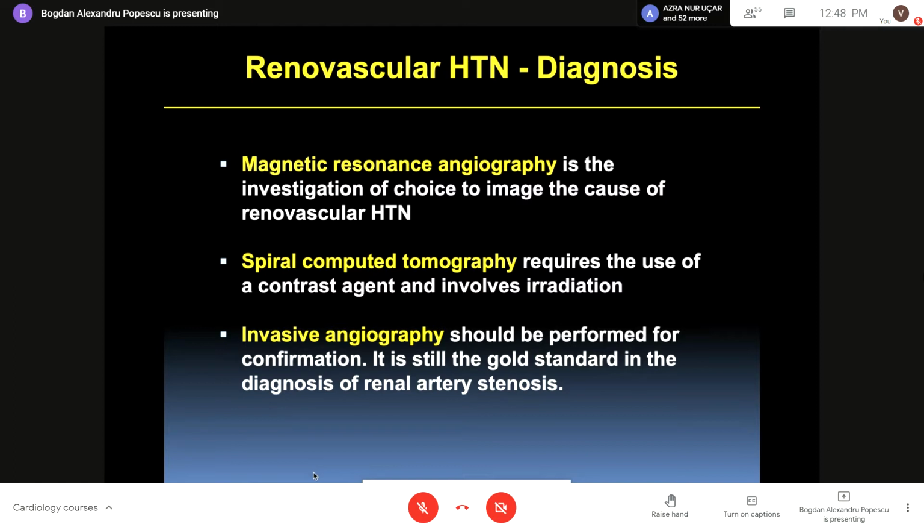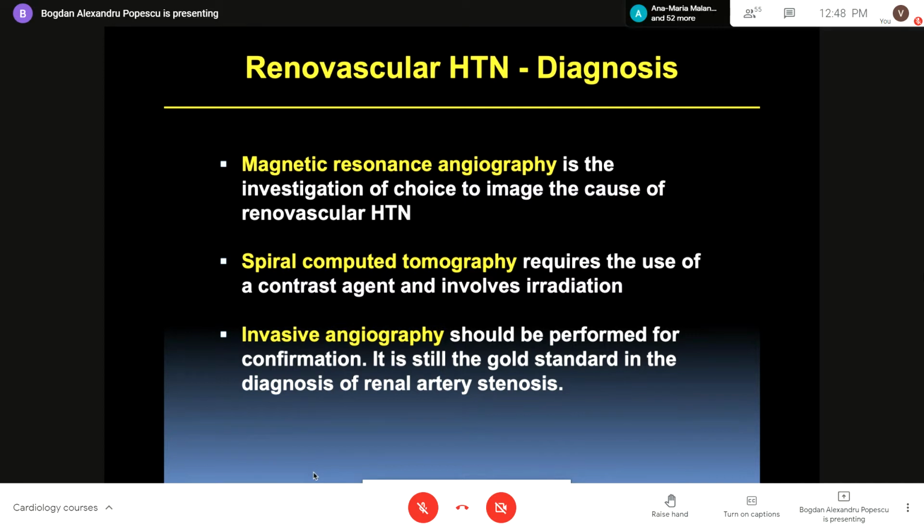Or you can do computed tomography. However, when you do computed tomography, you have to remember that you need to use a contrast agent, and that may be a problem in patients who have a reduced renal function. And also you may need to remember that computed tomography involves irradiation, so it carries a small dose of radiation.